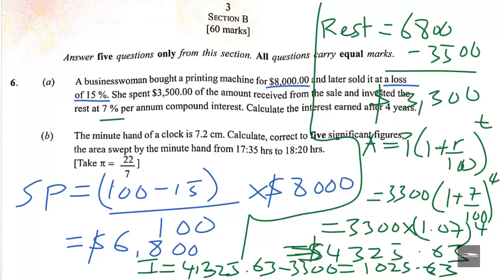So that is how much interest on the investment at 7% per annum compound interest.